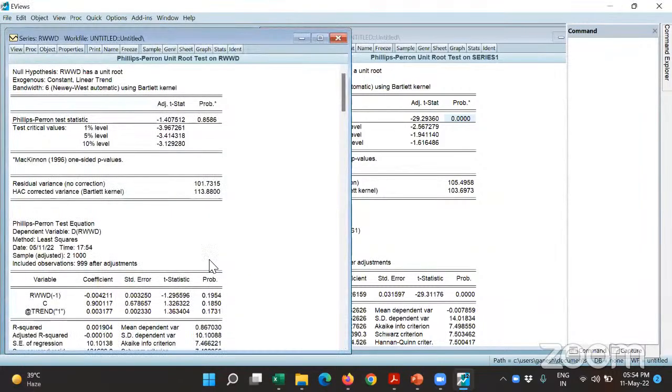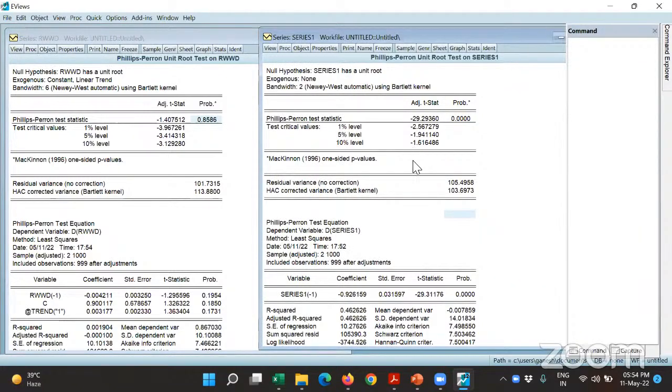Now, even if you have chosen that, it doesn't mean that you can straightaway go here and start making sense of it. Because you have opted for trend and intercept, while for this other series you opted for none, what is the difference you will find in this case?